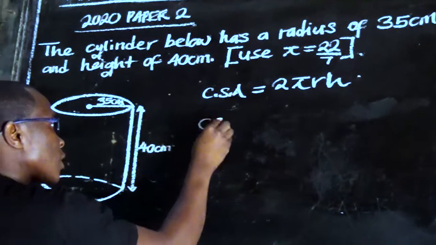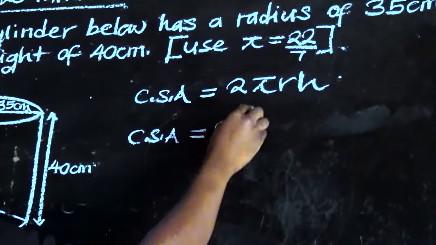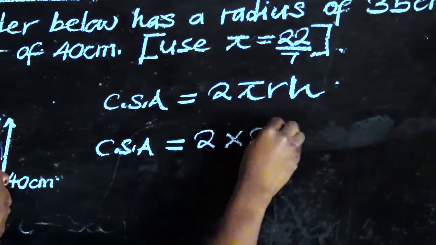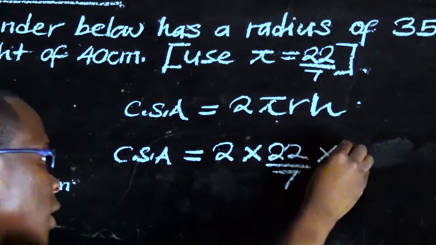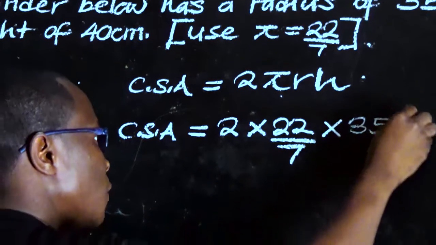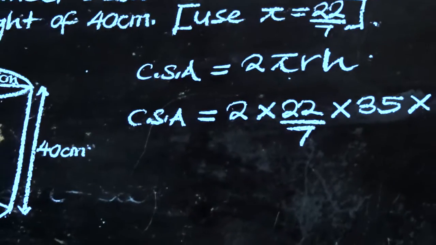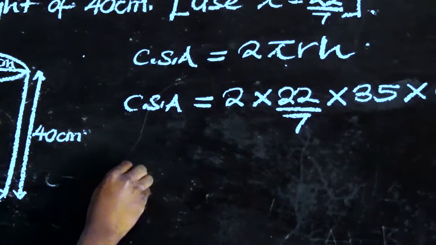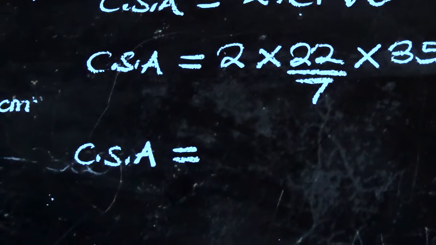So curved surface area is equal to 2 multiplied by 22/7 multiplied by the radius 35 multiplied by the height, which is 40 centimeters.